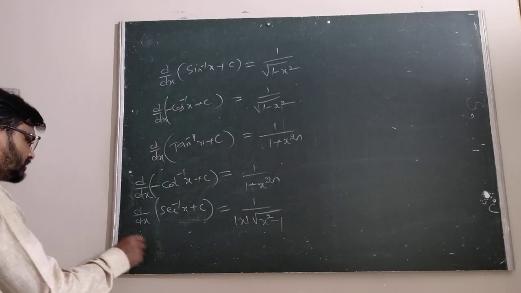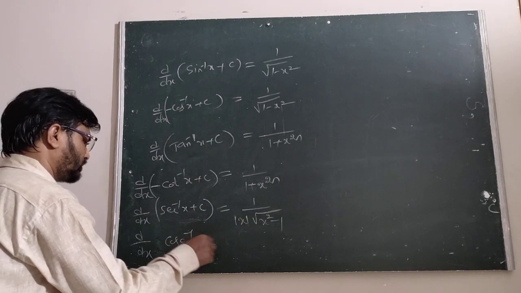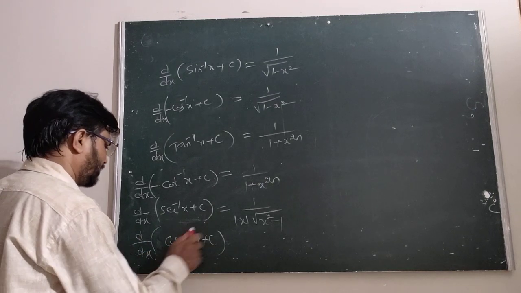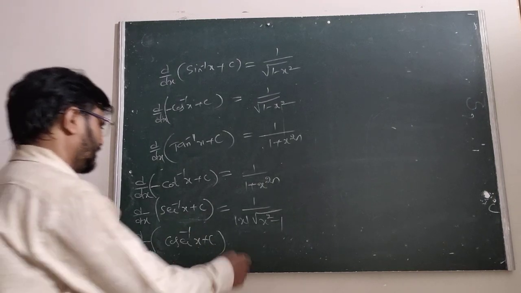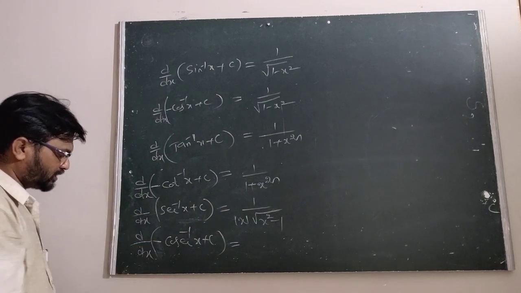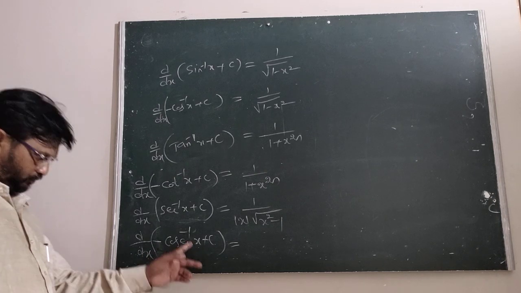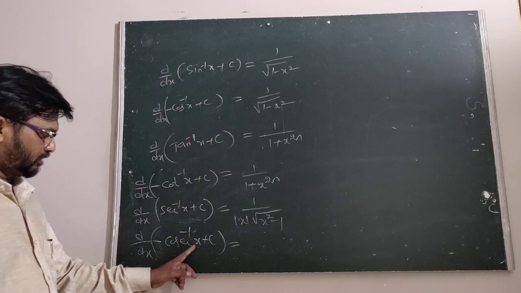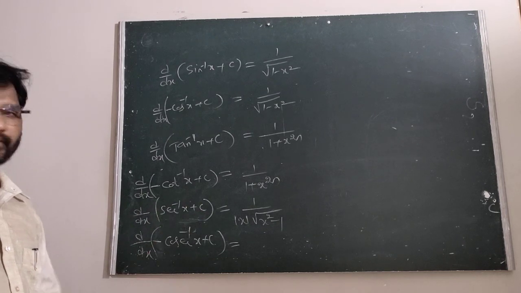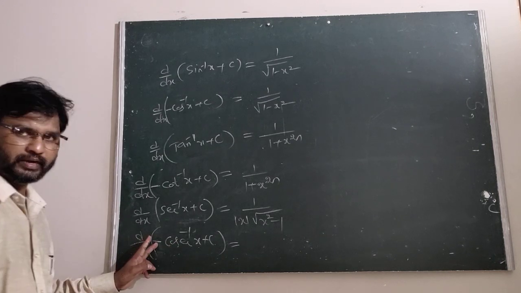Now the d by dx of the cosecant inverse of x plus c. The derivative of the cosecant inverse x is minus 1 upon mod x into root of x square minus 1. Now minus of minus is plus.